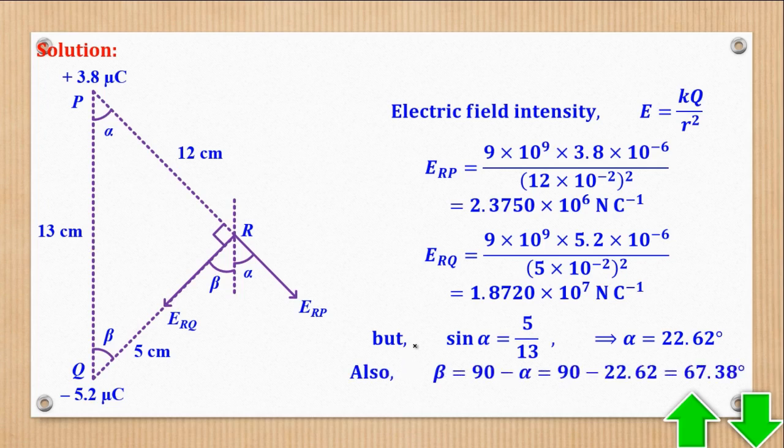Then from there, I know that angles of the triangle add up to 180. So this is already 90 off, meaning these two add up to 90. That is why beta will be 90 minus alpha to give you this. Now that I have that, I can resolve. Horizontally, this one is to the right and this one is to the left, but vertically, all are downward.